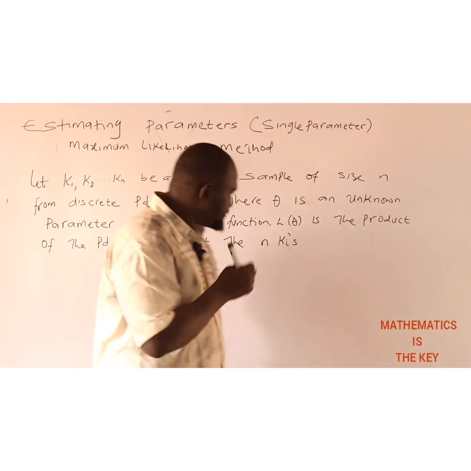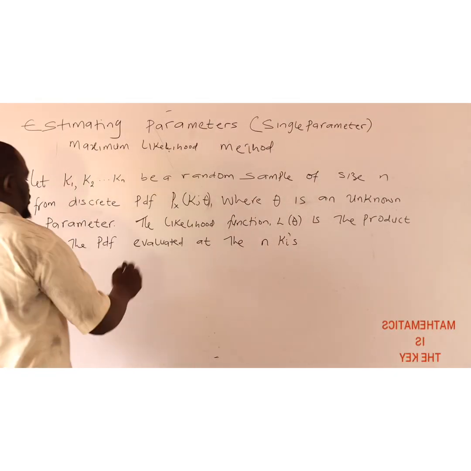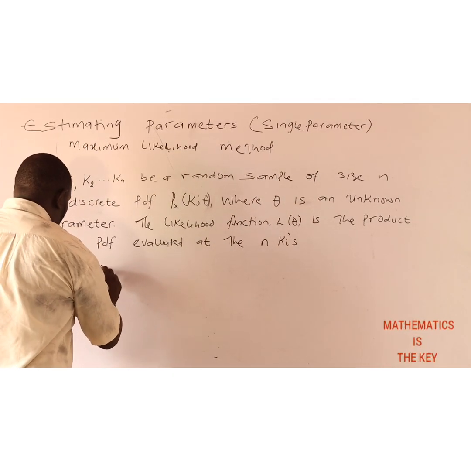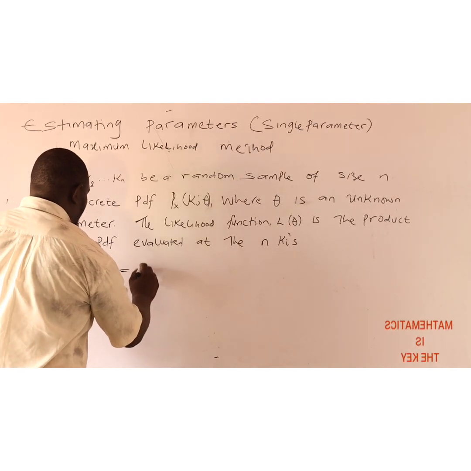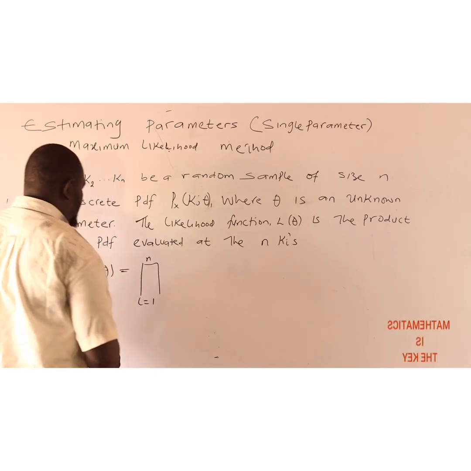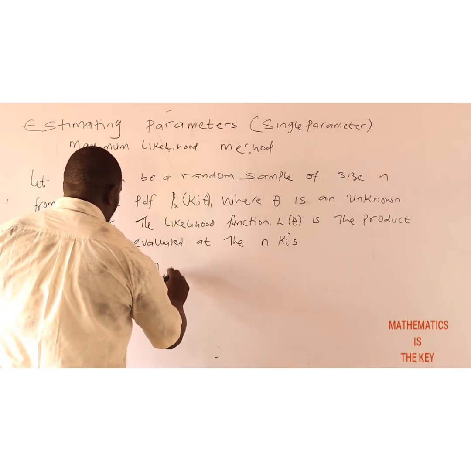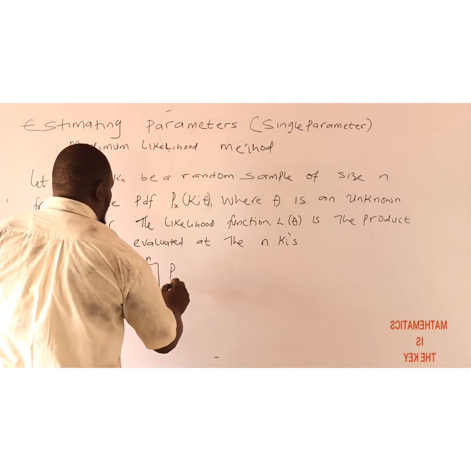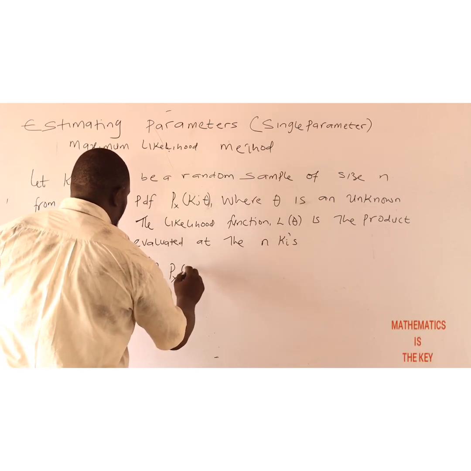So this means that to find the likelihood function, we are going to evaluate the product from i equals 1 to n of our PDF function given as this.